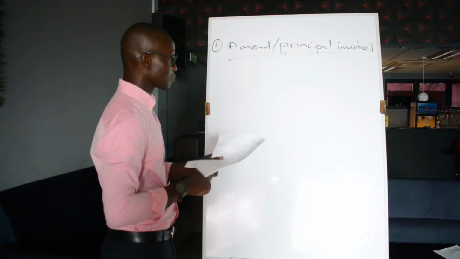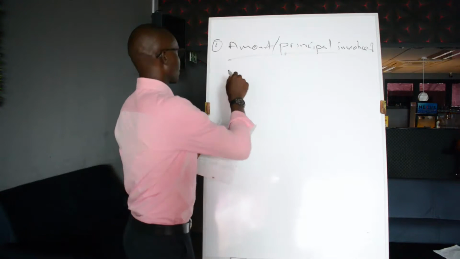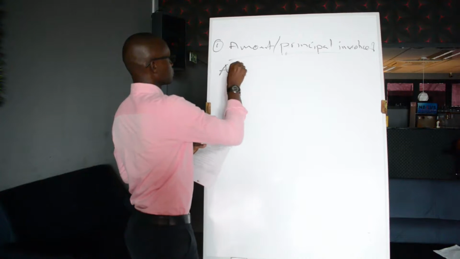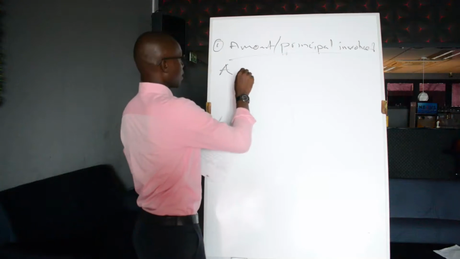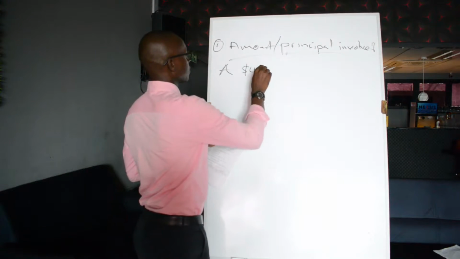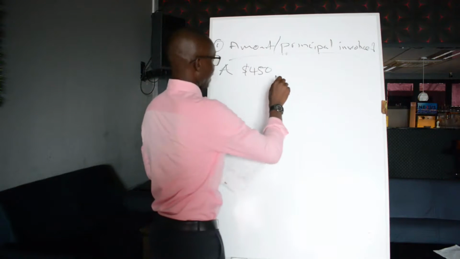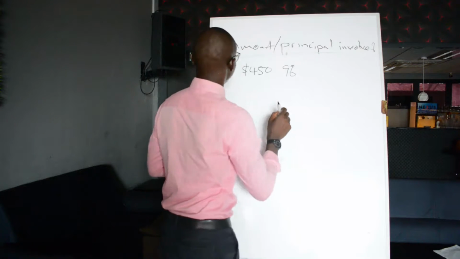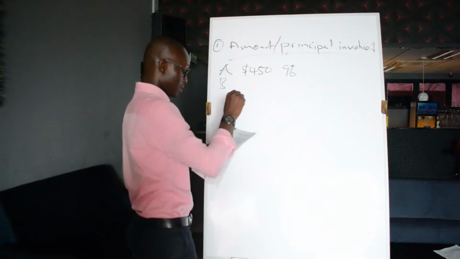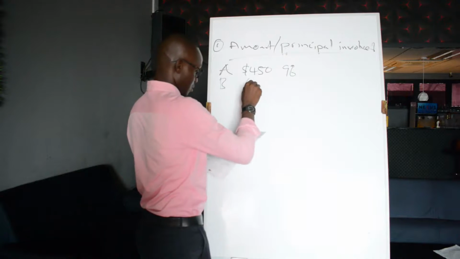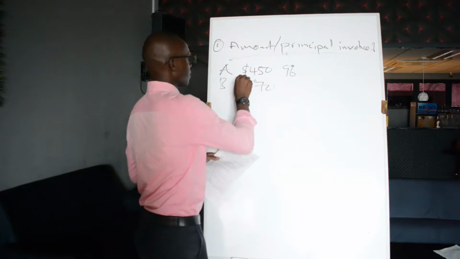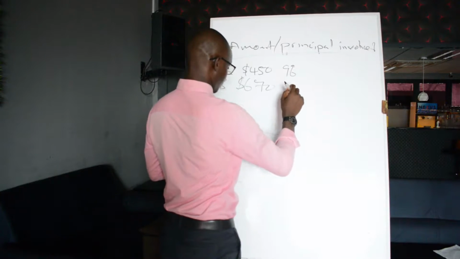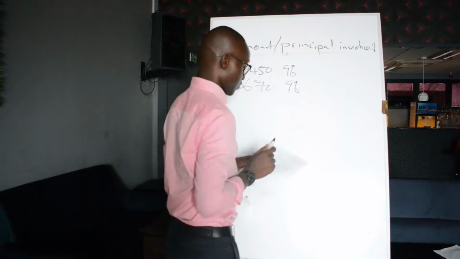Look at this one. Let's say you have 2 people. Okay, person A investing 450 USD at 9% interest rate, and then person B also investing 670 USD at 9% interest rate.